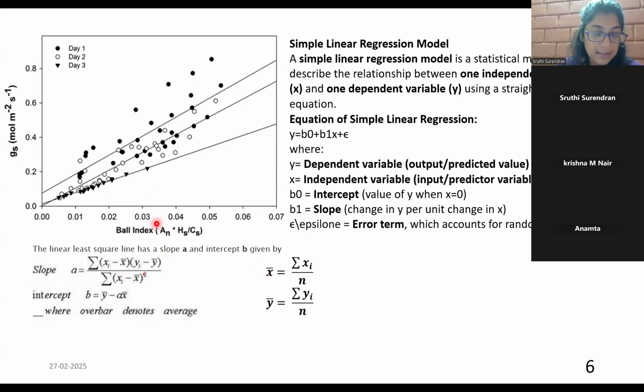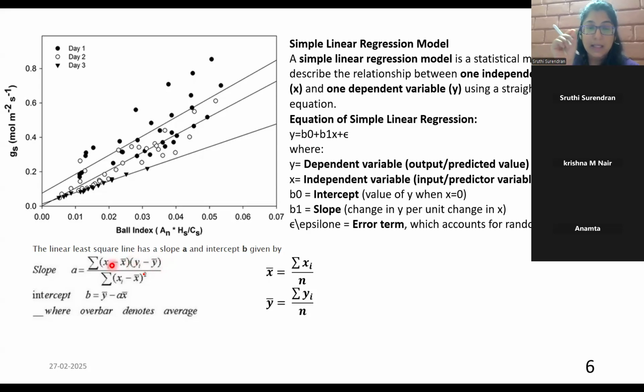That is, the x-axis here is AN into HS by CS. So the average of all the data points on this x-axis will be found out. The average of the stomatal conductance terms will be found out. And after that, you will find out xi minus x bar into yi minus y bar.